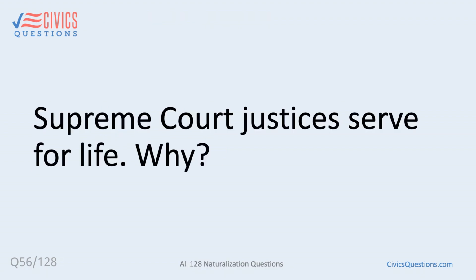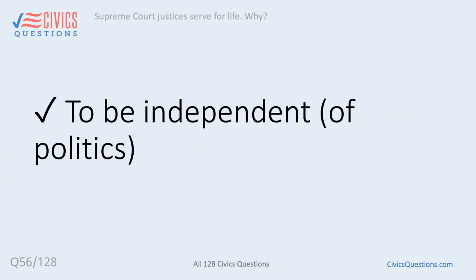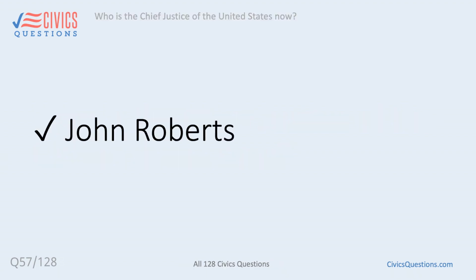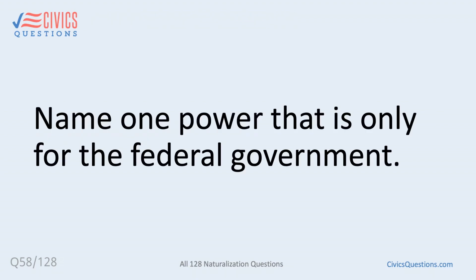Supreme Court justices serve for life. Why? To be independent of politics. Who is the Chief Justice of the United States now? John Roberts. Name one power that is only for the federal government.